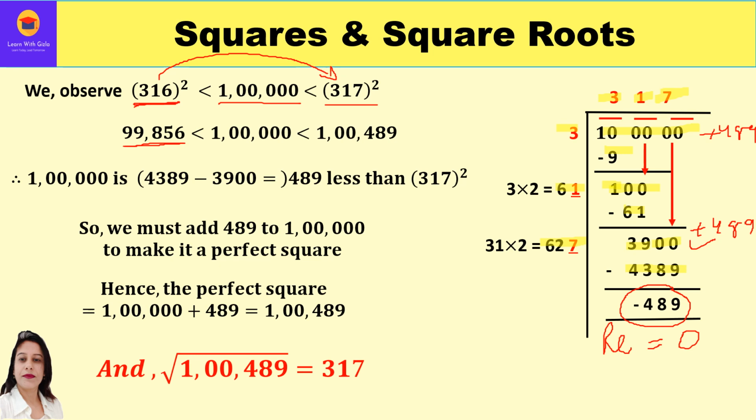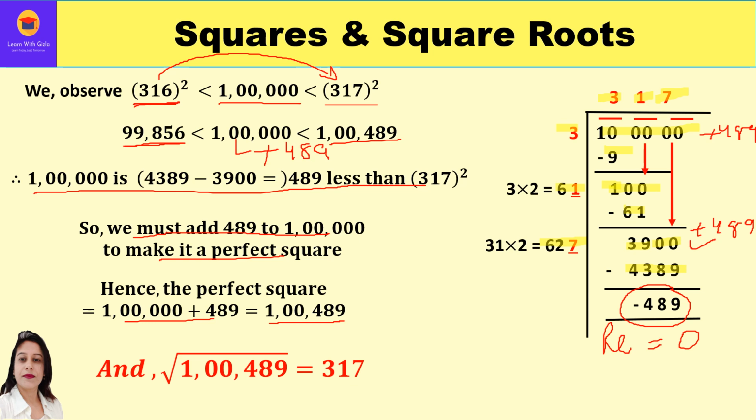So from 1 lakh, if we add 489, what will we get? We will get 1,00,489. So that's why we say 1 lakh is 489 less than 317 square. We must add 489 to 1 lakh to make it a perfect square. Hence the perfect square is 1 lakh plus 489, which is equal to 1,00,489.